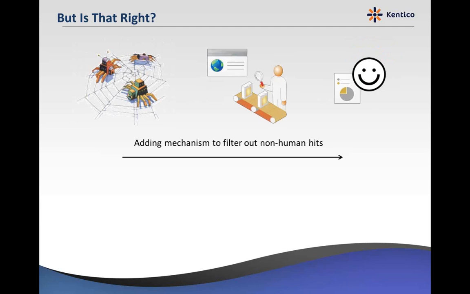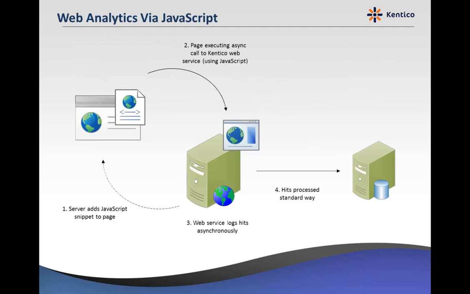Well, the way you do that is by introducing an extra layer, an additional filter, to the analytics tracking process, right? And that's where we get to the next slide, web analytics via JavaScript. One way of implementing that additional filter, and the approach that Kentico has taken, is to move logging of certain events from the server side to the client side.